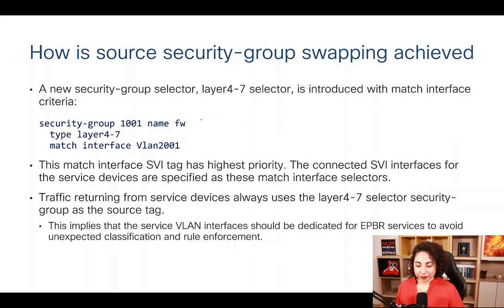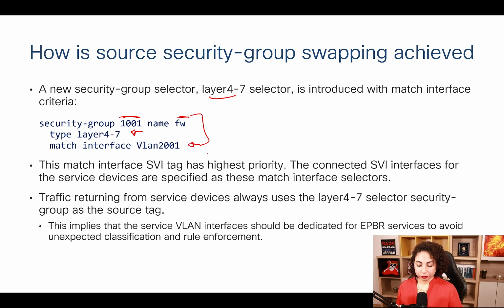So just to show you what the configuration looks like from the layer 4, layer 7 perspective, maybe I should have put this one a bit earlier in the presentation, but never mind. So we are just saying configure security group. We give the tag as a classic ESG. We give the name, but here we are saying, okay, it's type layer 4, layer 7, and we are matching the interface.